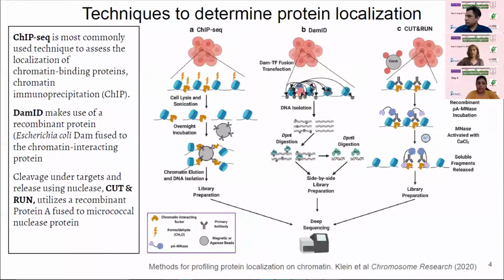So this recombinant protein A that is fused with the micrococcal nuclease protein is the one that is going to recognize the antibody that binds to your protein of interest. So wherever your protein of interest is, you will incubate it with the antibody that is recognizing it. And this recombinant protein will recognize the antibody bound to your transcription factor or your protein of interest. And on the basis of that, we can get to know the specific regions where your transcription factor is going to bind.